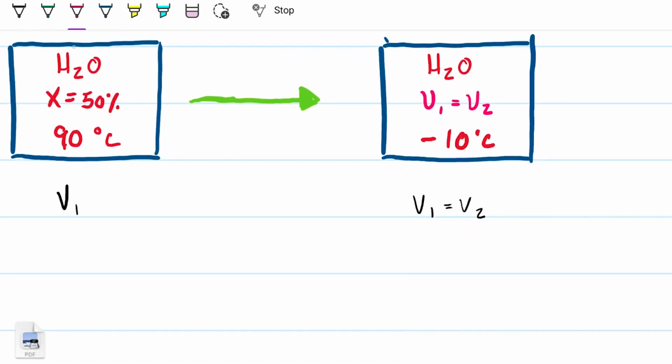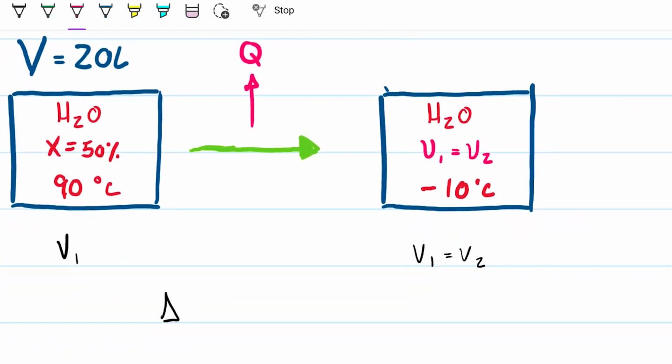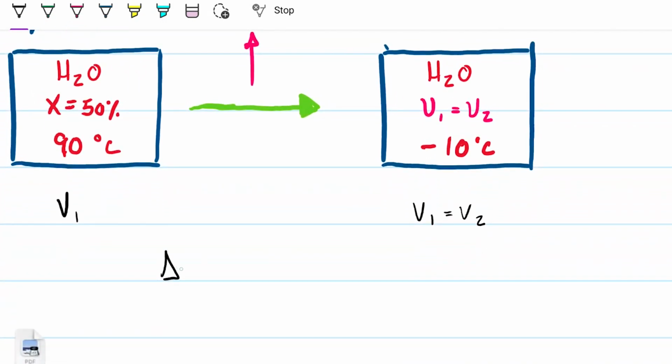What else is important? If we want to find the heat, and by the way, I believe heat is going to be leaving, because we're going from 90 degrees Celsius to minus 10, we can apply the first law for a closed system, which states that the change in internal energy is equal to the heat gained or lost plus the work, compression or expansion.